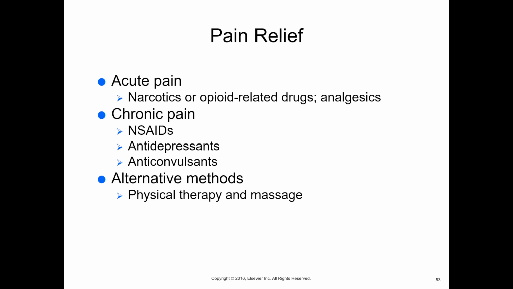There's also talk of changes in the microglia, which, if you remember from A&P, are your support cells of the nervous system. So they're not neurons, but they support the neurons. One of the common types of microglia are dendritic cells, which are kind of like the white blood cells of the central nervous system.